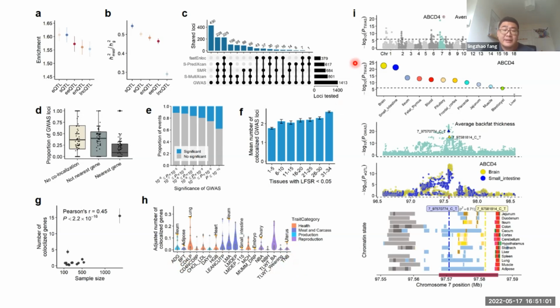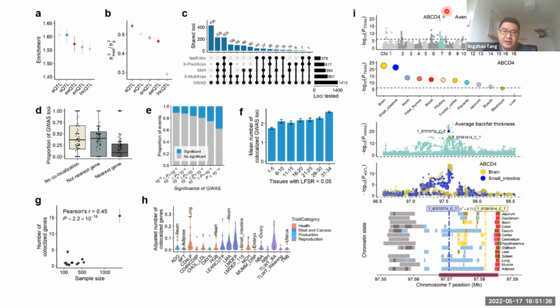And the eye panel is just a very interesting result I would like to point out here. Based on the TWAS results, we found the ABCD4 gene is the top association, whose expression in the small intestine was associated with average back fat thickness.